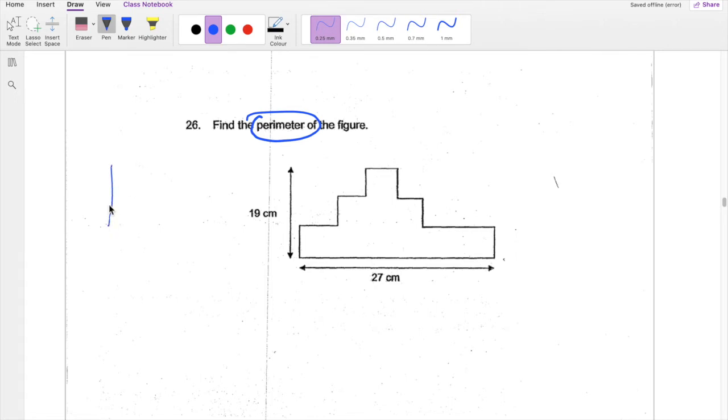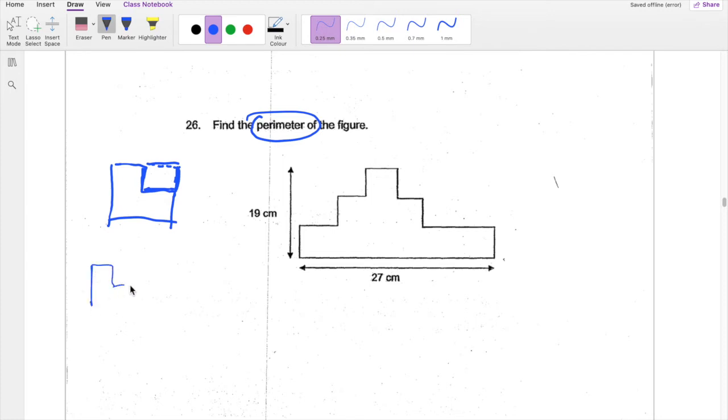For example, in this shape, we can extend this side to this side. So this part equals this part equals this part. So the perimeter of this shape is equal to the rectangle shape, right?